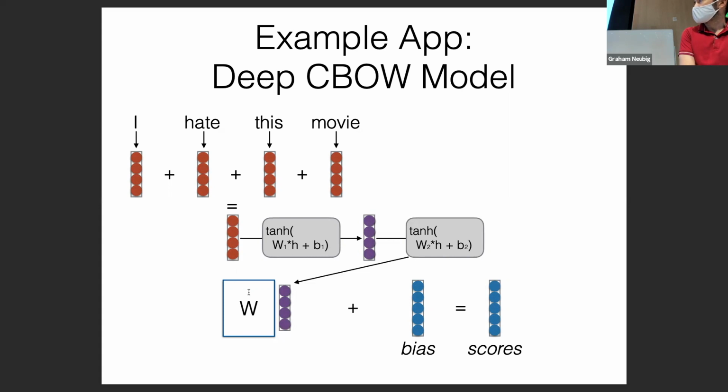Then you multiply this by a weight matrix, add a bias, and get some scores for doing classification. In the assignment, we're going to do classification on sentiment analysis. It's our typical stereotypical example, but this could be used for any sort of text classification, of course.